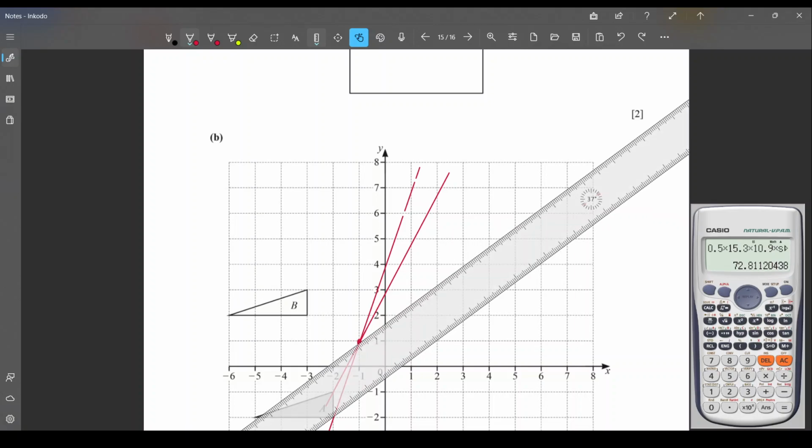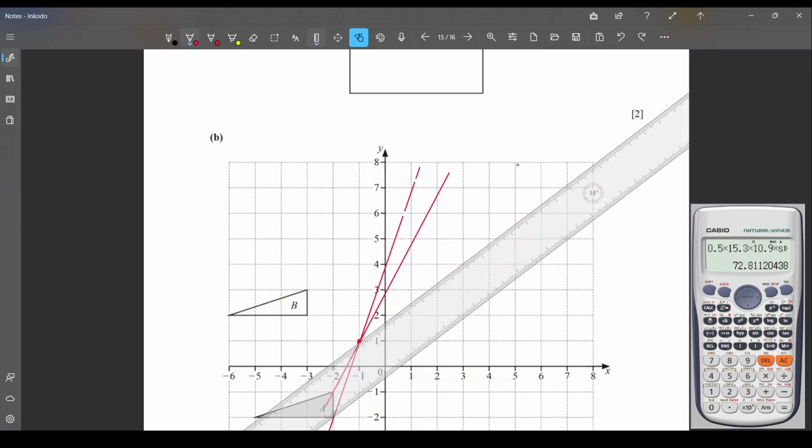You have to be very precise, taking all 3 points.